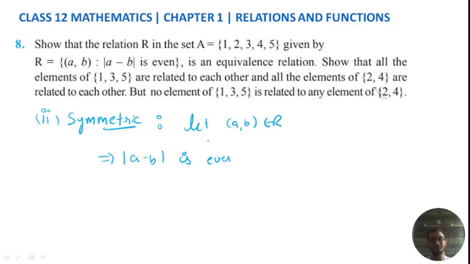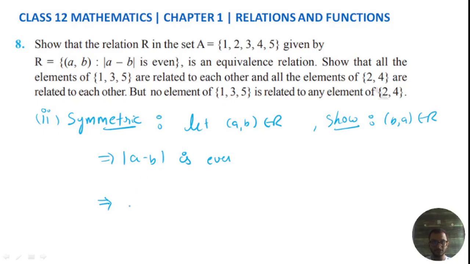Even means just two times, a multiple of 2. So the sign doesn't matter, hence the modulus will not matter much. Still, let's do it mathematically. We have to now show that (b, a) also belongs to R. Then only we can say that our relation is symmetric.